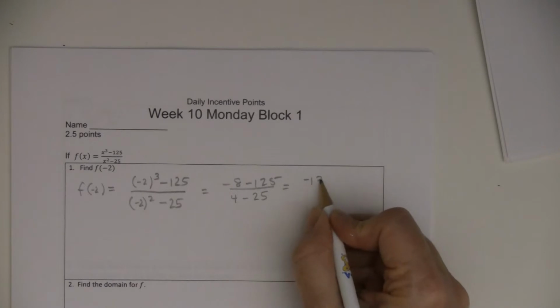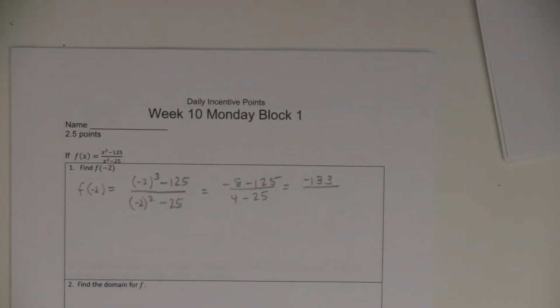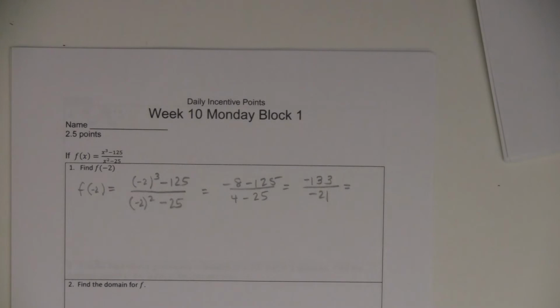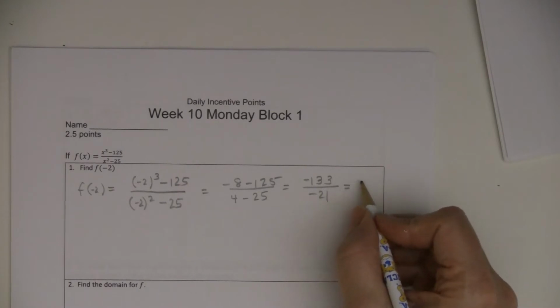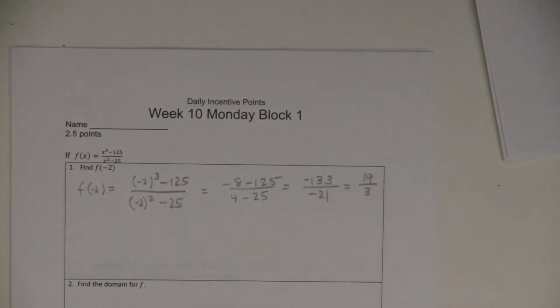So that's -133. And then 4 take away 25 is -21. And then a negative divided by a negative reduces. I don't know if the 133 and the 21 reduce with one another or not, but I did find a calculator, so now I do. They do. It's 19/3. So we did a nice job on that one.